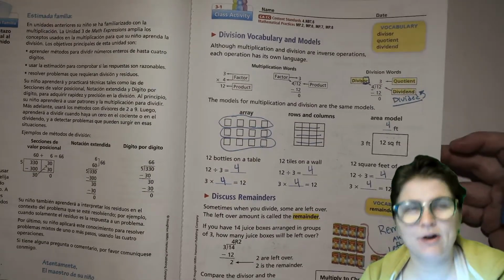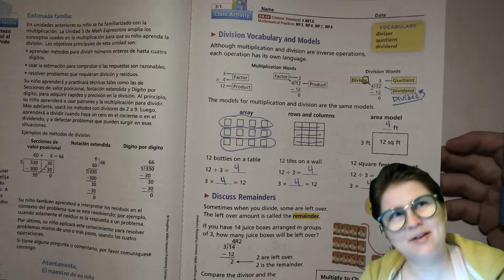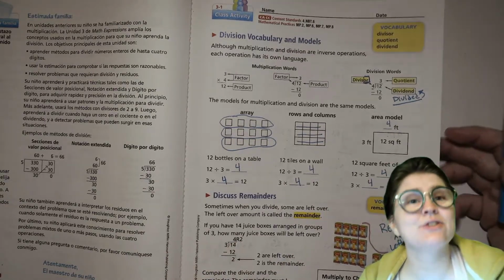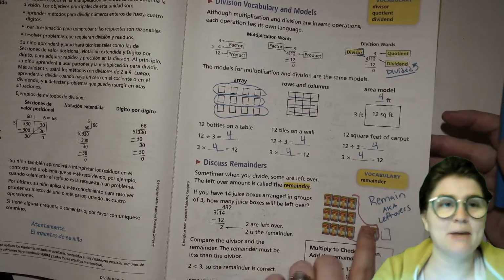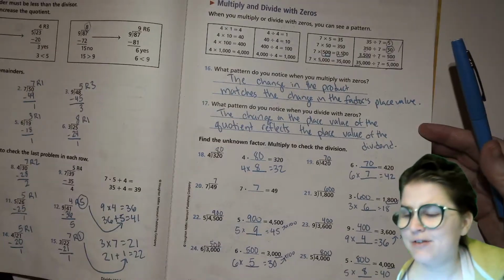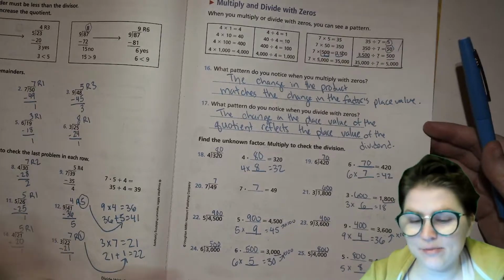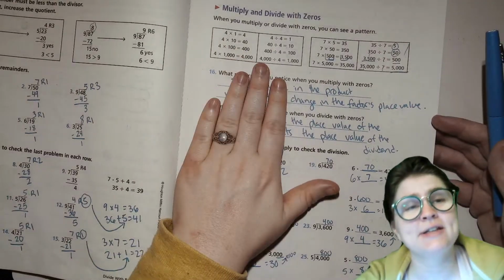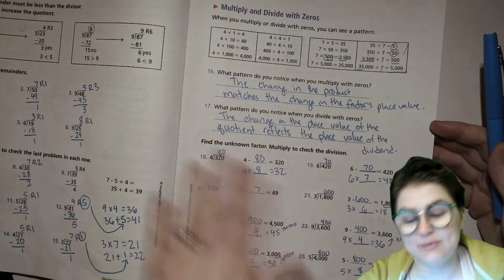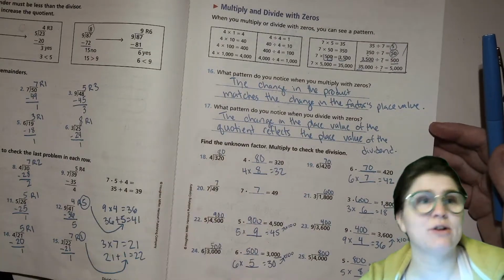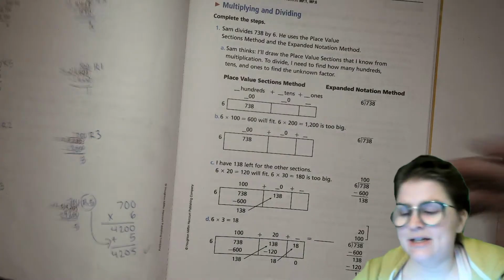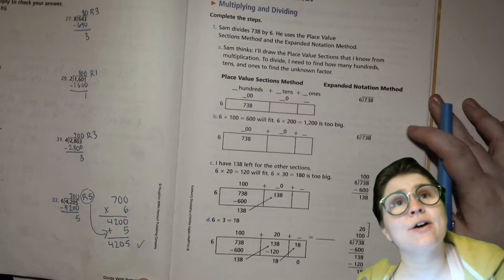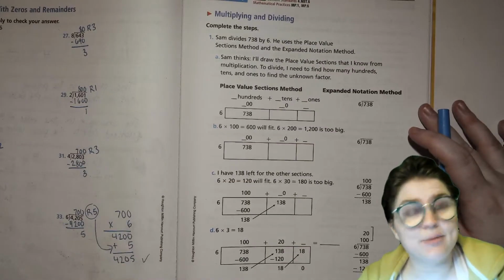It's not always going to have a quotient and divisor with no leftovers. So when we do have leftovers, it's called the remainder. And we've practiced dividing and having the remainder and using our knowledge of multiplying things by tens or hundreds to help us figure out how to divide things with zeros and figure out how many tens or how many hundreds we're dealing with. Today, we're continuing the habit of using our multiplication knowledge to help us with division.